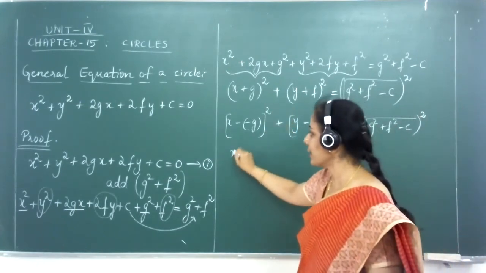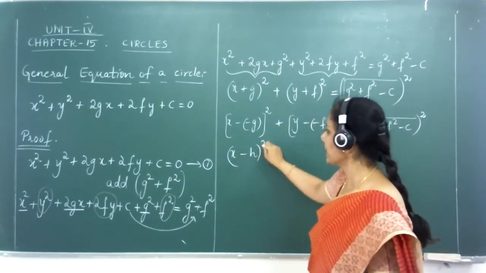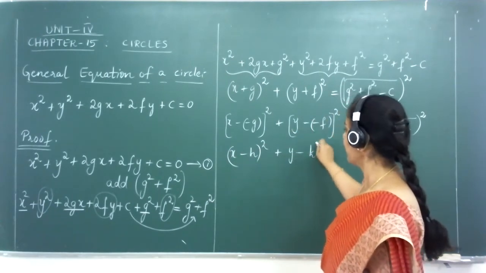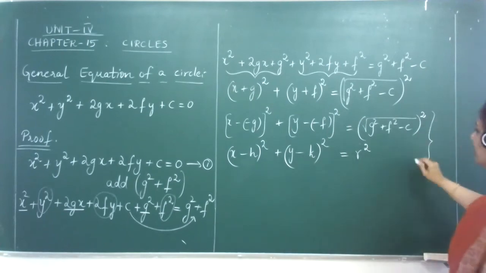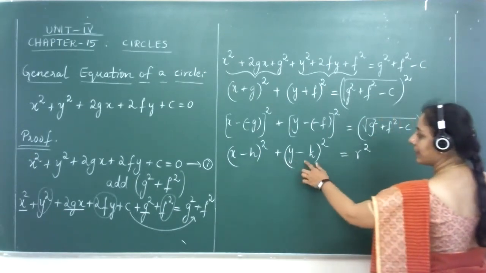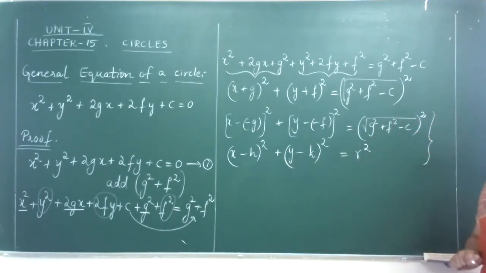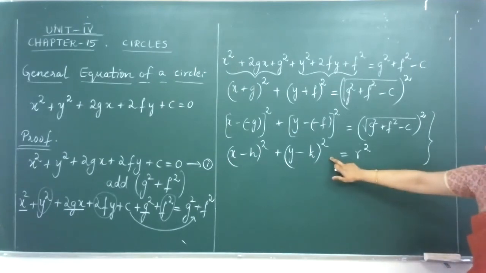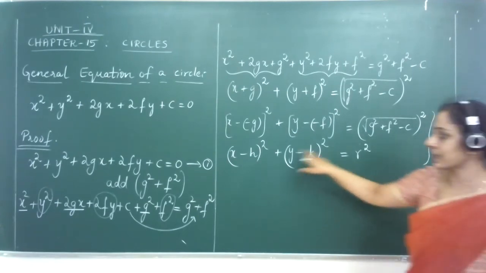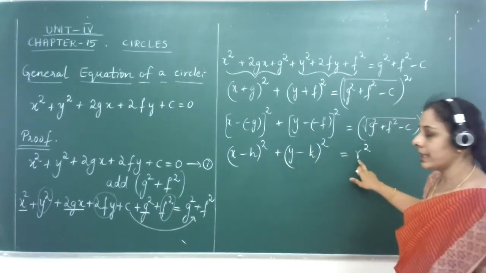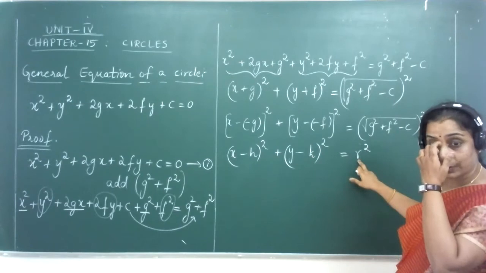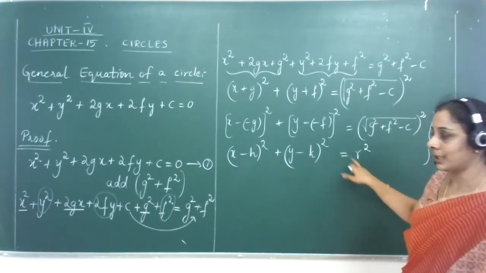The reduced equation is in the form x minus h the whole squared plus y minus k the whole squared equal to r squared. What is this representing? This equation has to represent a circle with center h comma k and radius equal to r units. This we have seen in the previous session, isn't it?